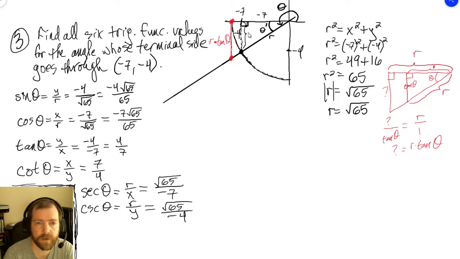This right here is going to be r sine theta. So it's going to be r cosine theta. This is going to be r times 1. And on the big triangle, again, we have here, this is r, or the square root of 65.